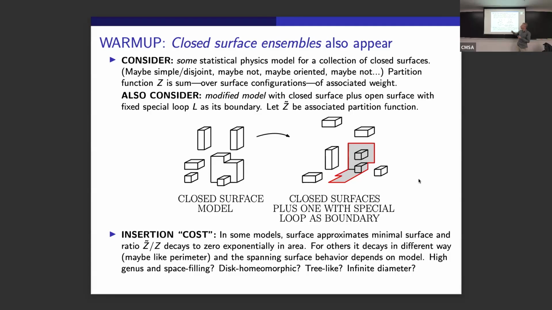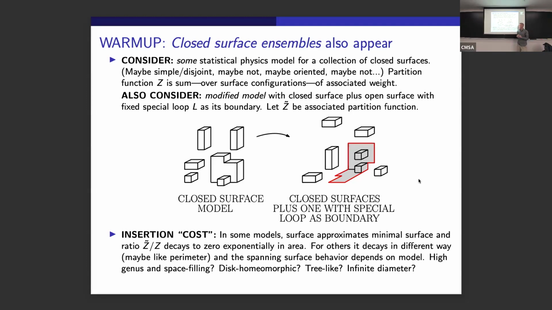So in some models, you can take the ratio of the partition function over here to the partition function over here, and in some models that ratio will be decaying exponentially in the minimal area spanned by this loop. So somehow maybe these surfaces want to all be really, really small, and when you force there to be a big surface, that's really expensive, and you pay a price which is exponential in the area of this big surface.